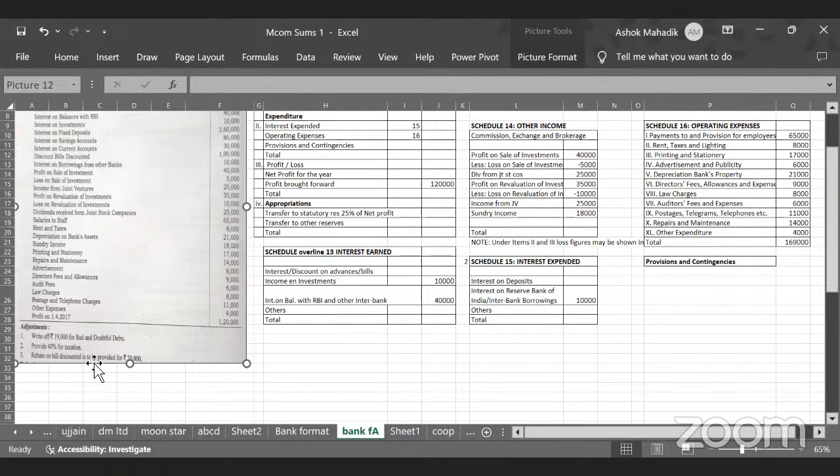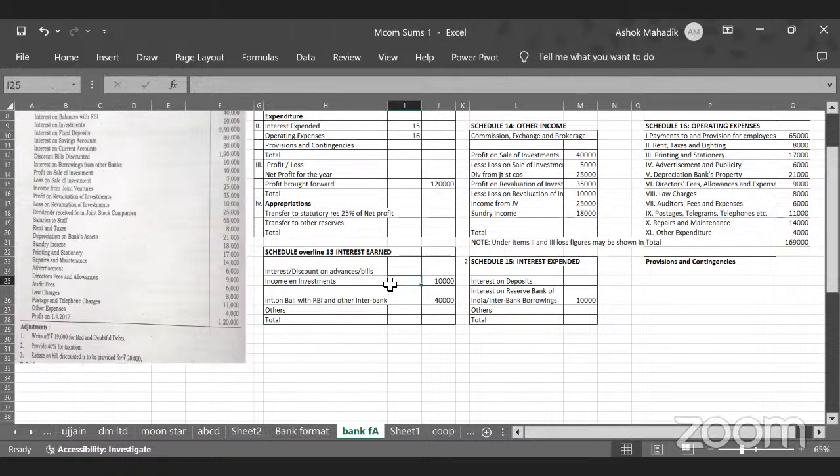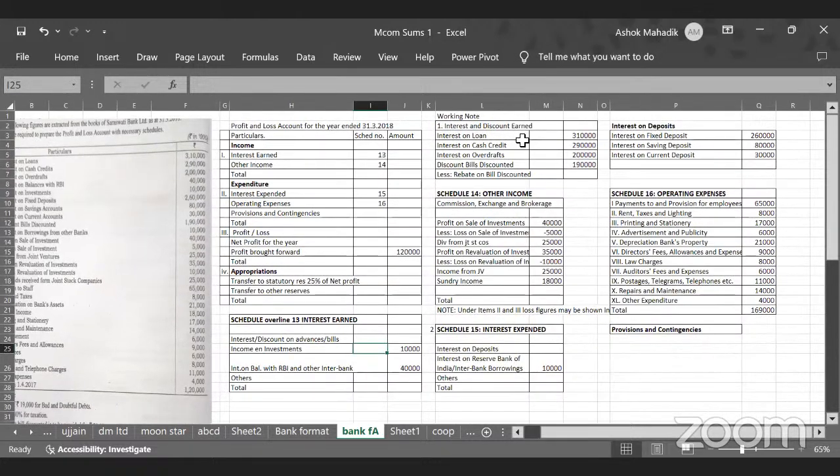Rebate on bill discounted is to be provided for 20,000. Now, what is rebate on bill discounted? This is a very common adjustment in every sum of banking final accounts. We have done the calculation of incomes, like interest income. All these incomes will include income generated during that year.